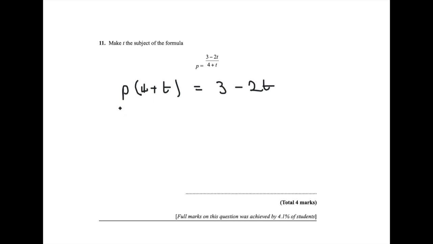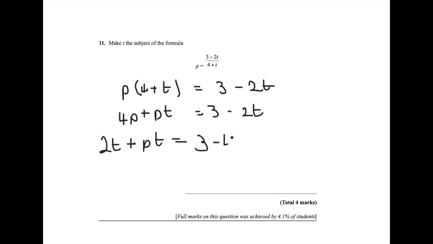We then want to expand this bracket, so we've got 4p plus pt equals 3 minus 2t. We then want to get all the t's on the same side and everything else on the other side. So I would add 2t, so we've got 2t plus pt, and I would subtract 4p off, so we've got 3 minus 4p on this side.